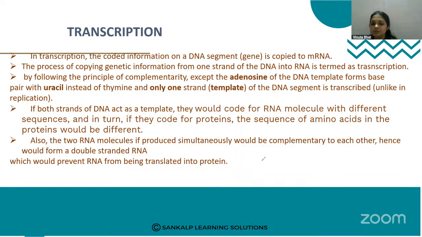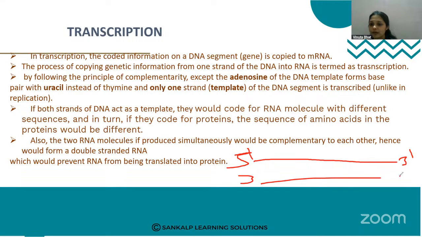And here, only one strand of DNA, in the 5 prime to 3 prime direction or the 3 prime to 5 prime direction, acts as the template strand. Another acts as the coding strand, which does not code for anything. So the genetic information on the DNA gets converted into RNA. Then this RNA produces the protein.